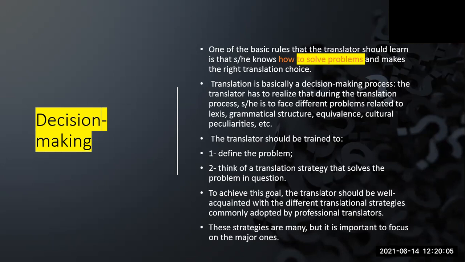A professional translator is responsible for the text. You have to make a decision, and this decision must be very convincing and very clear. And this decision should also be the only solution.